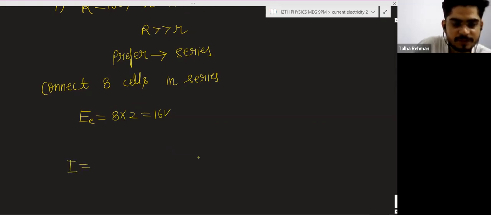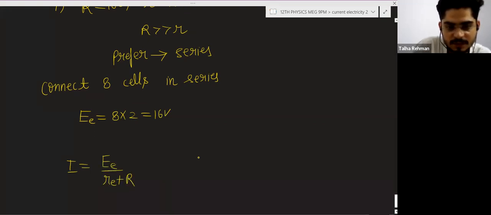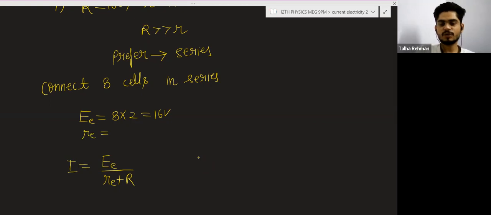So current is E divided by R equivalent plus R. What is the R equivalent in series? You are connecting 8 cells in series and each cell has resistance 1 ohm.